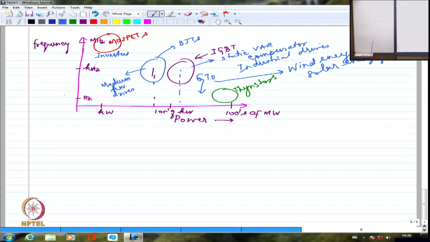Depending upon the velocity of the wind, I'm going to have a particular frequency and voltage. If the wind turbine faces lower wind velocity, then I will have lower voltage as well, so I might have to boost it up. So boost converters invariably are designed using GTO, especially for boost conversion.